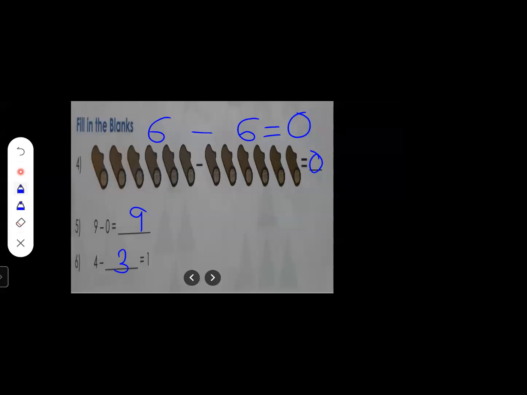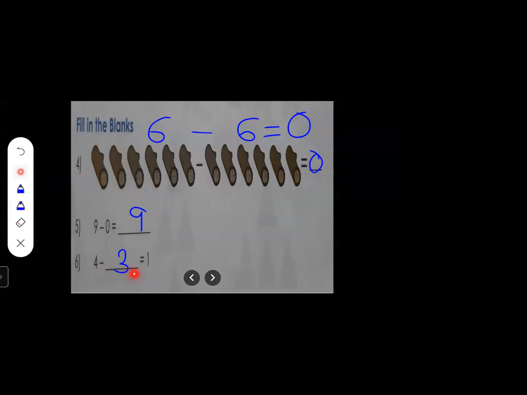You can do it like this also. Take 4 fingers on your hand. Close 3 fingers. What is the answer? 1. So we have written the correct number over here. So here we have learned fill in the blank. 6 minus 6 is equal to 0. 9 minus 0 is 9.